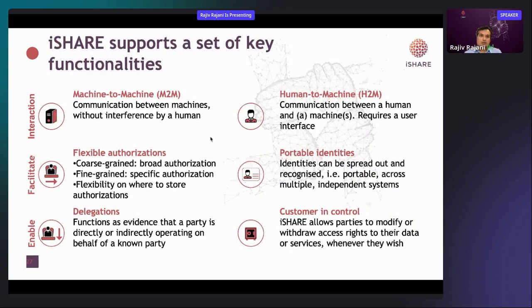So all in all, to sum it up a bit, iShare supports a key set of functionalities. It enables two kinds of interaction: machine to machine and human to machine, which basically should cover all kinds of use cases. It facilitates flexible authorizations.